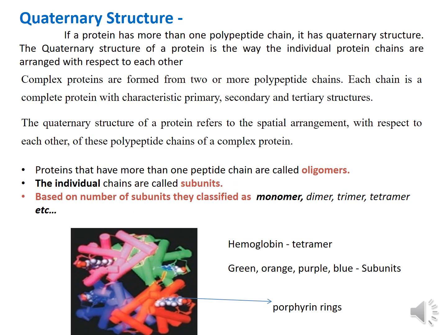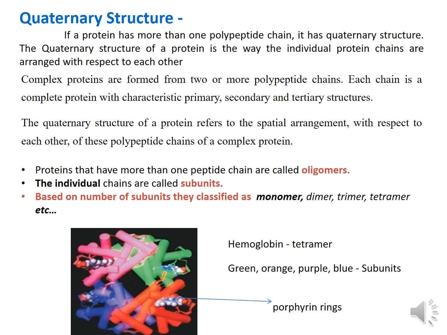And the last one is quaternary structure. If a protein has more than one polypeptide chain, it has a quaternary structure. The quaternary structure of a protein is the way the individual protein chains are arranged with respect to each other.